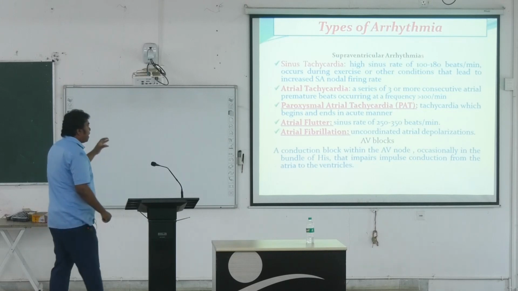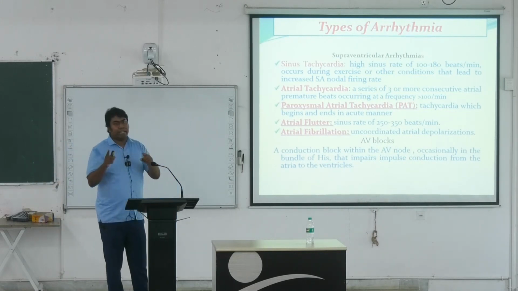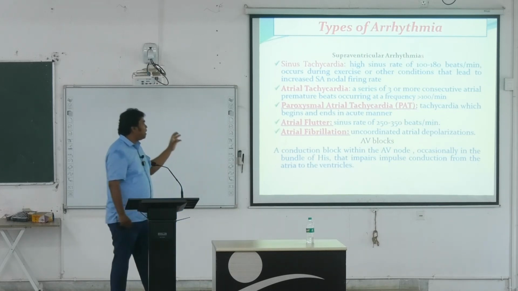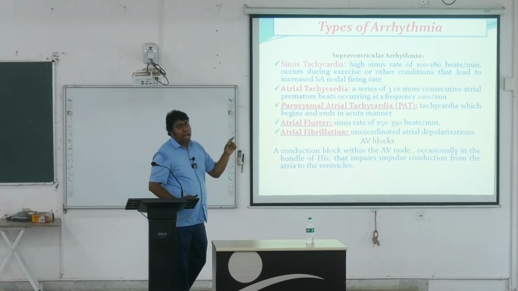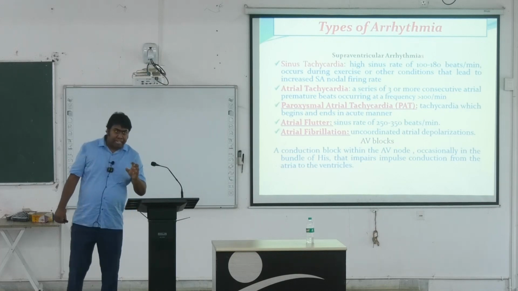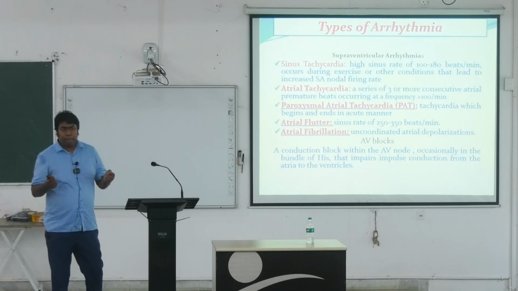In case of atrial tachycardia, there is generation of impulse from the atrium other than the SA node, and 3 or more consecutive atrial premature beats with a heart rate of more than 110 per minute. That is atrial tachycardia. How can we distinguish between these two?